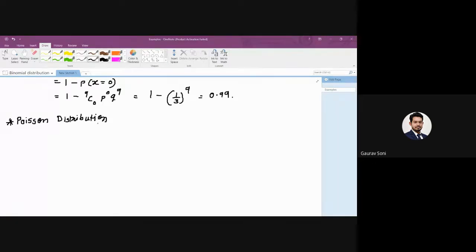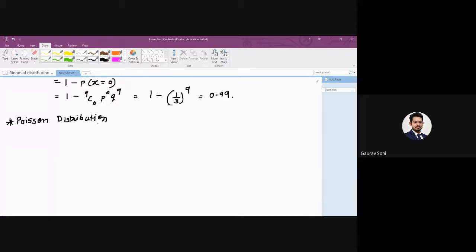In Poisson distribution, it is again a distribution in which we just have two cases, that is either there is a success or there is going to be a failure.